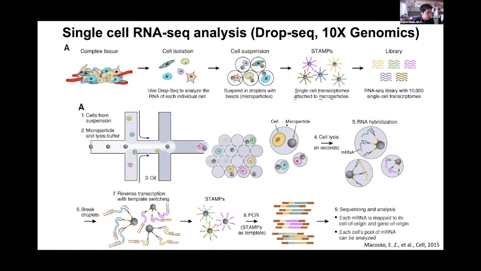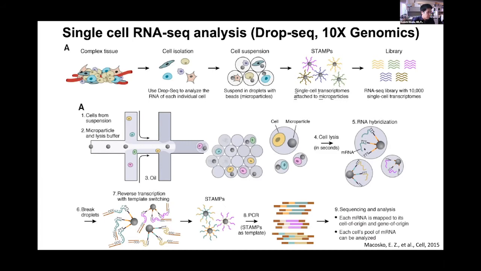If you look at one droplet, the cell is immediately lysed by enzyme, and all the RNA molecules are released from the cell. Those molecules bind to this barcode nucleotide, so each molecule is barcoded to each cell, and each molecule also has a different sequence.